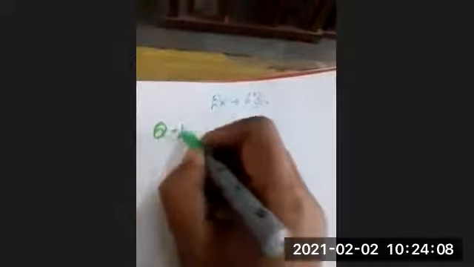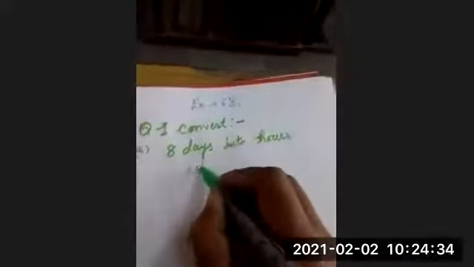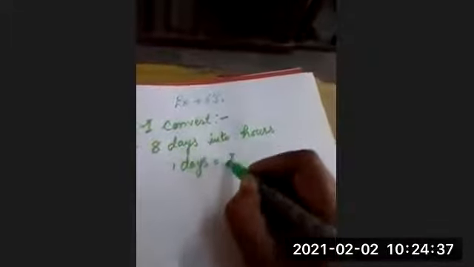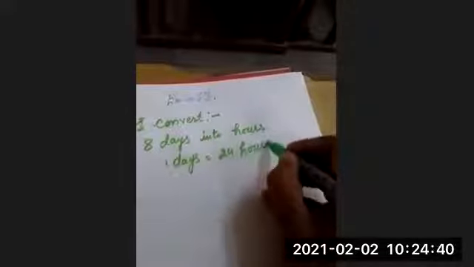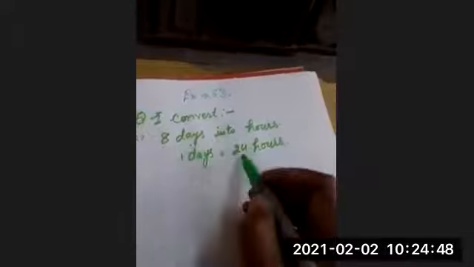Your first question, convert 8 days into hours. Yes, friends, you all know in one day you have 24 hours. Now to convert 8 days into hours, we will multiply 8 by 24.